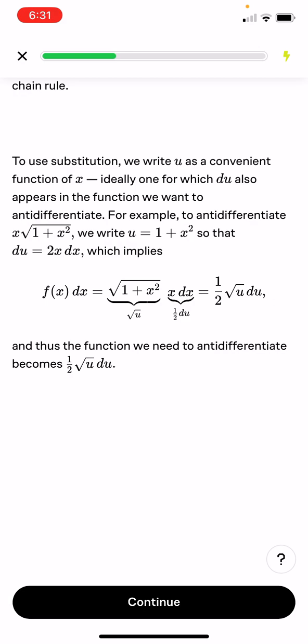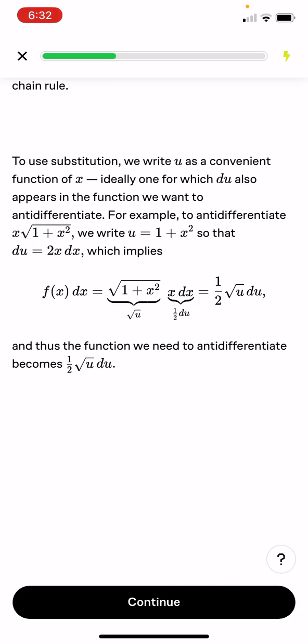To use substitution, you choose u as a convenient function of x, ideally one for which du, or derivative of u, also appears in the function you want to antidifferentiate.